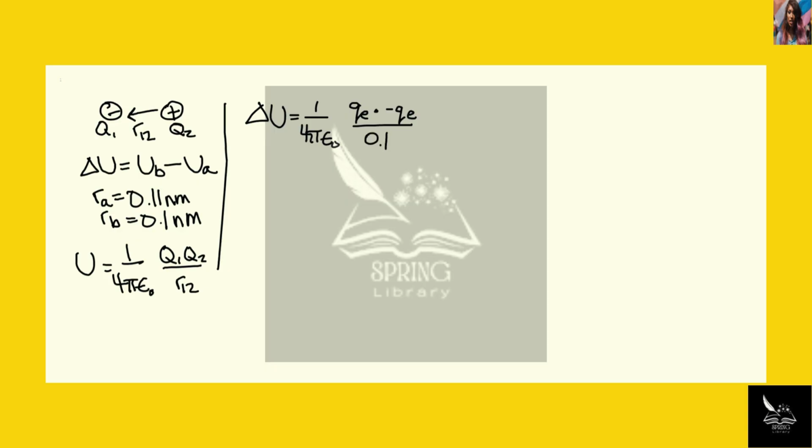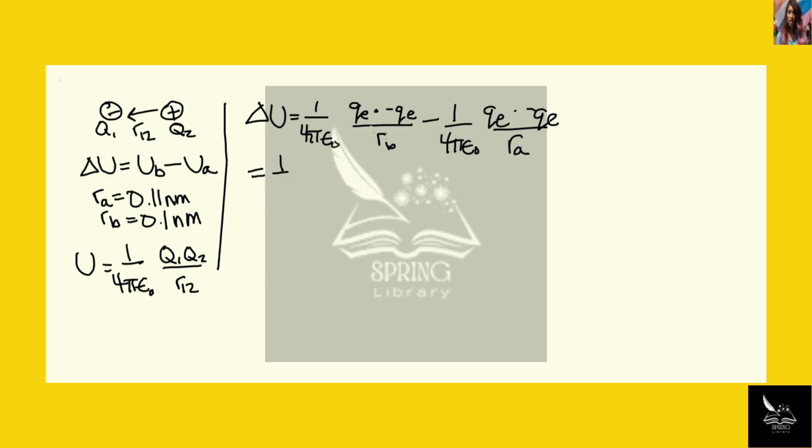Well, let's keep using symbols for now. Let's write RB. And then we are subtracting the potential energy at position A, where we have the same charges involved, divided by our old distance, RA.